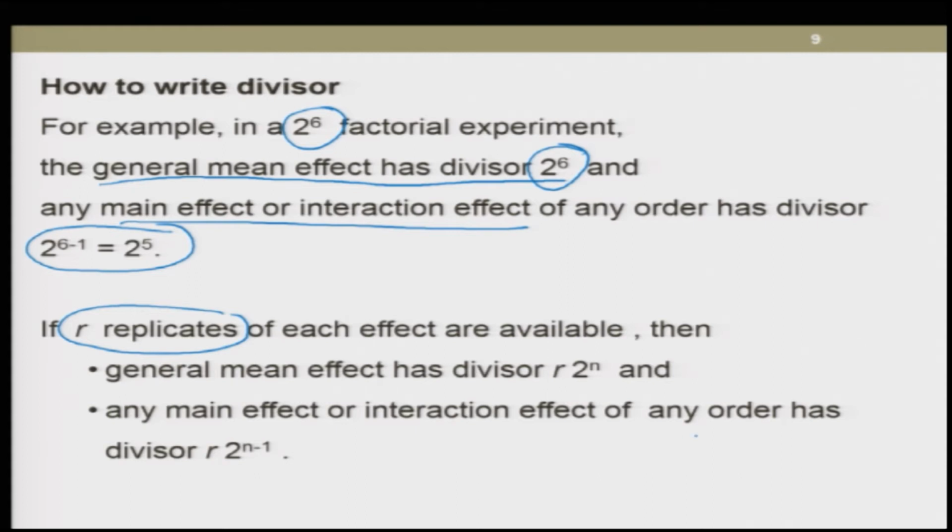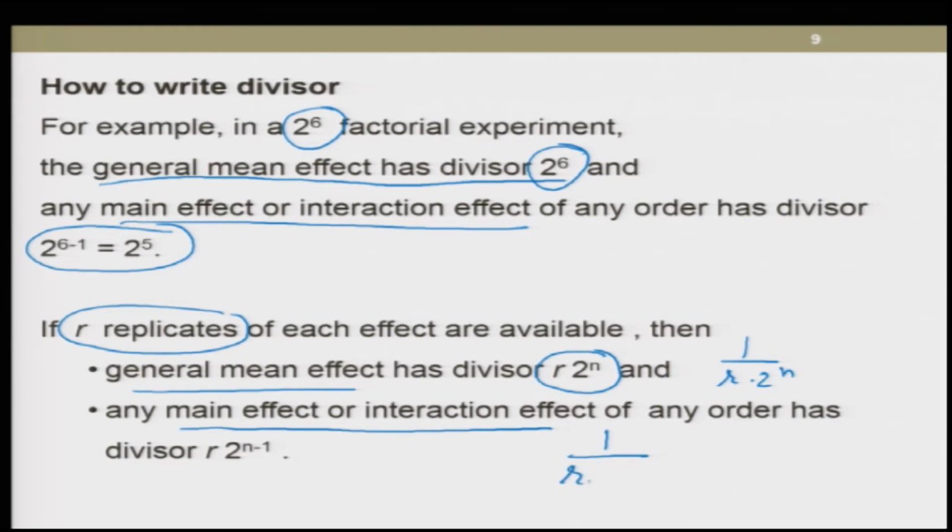So for the general mean effect in a 2 to the power of n factorial experiment, the divisor is going to be 1 over r into 2 to the power of n, and for any other main effect or interaction effect, the divisor is going to be 1 over r into 2 to the power of n minus 1. This is how you can write down the divisor.